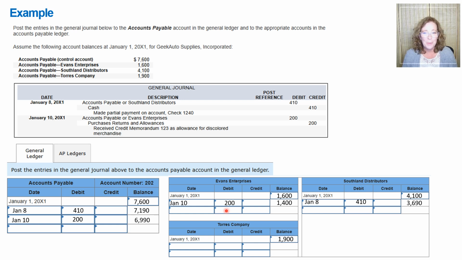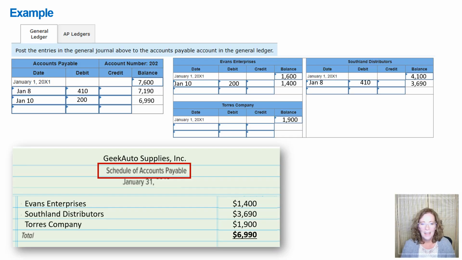Let's double check that we've posted the accounts payable transactions correctly by preparing a schedule of accounts payable. The schedule of accounts payable is a summary of all subledger accounts, and the total must equal the accounts payable general ledger account. To prepare the schedule, we write the name of the company on the first line, followed by schedule of accounts payable and the date.